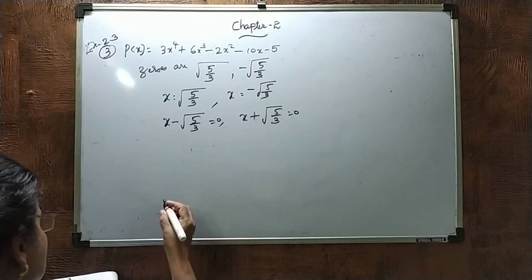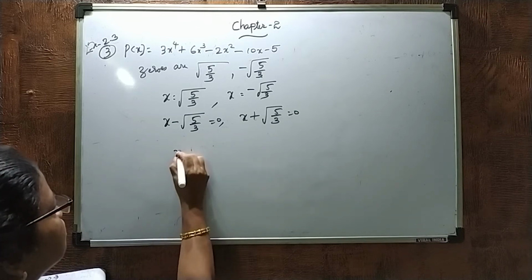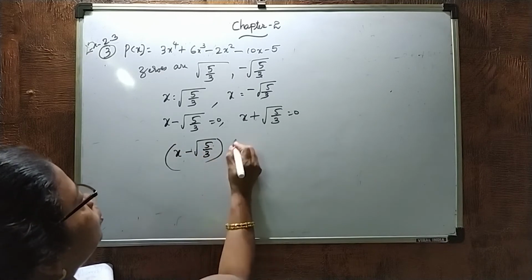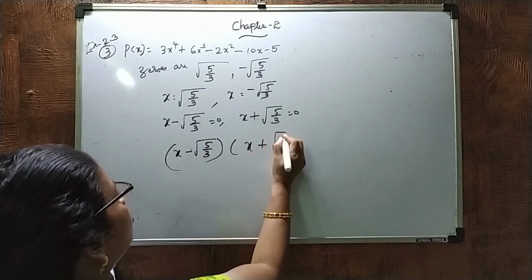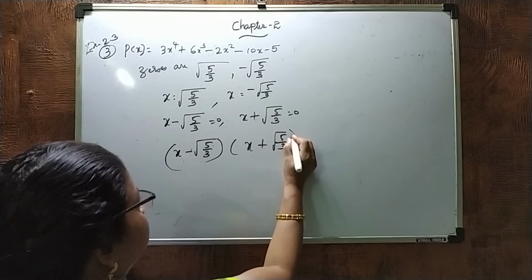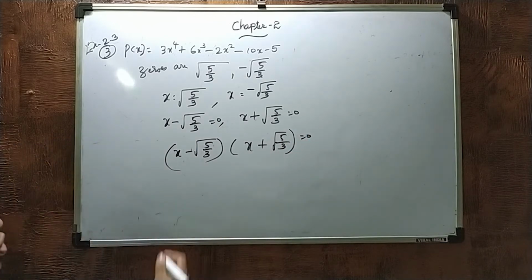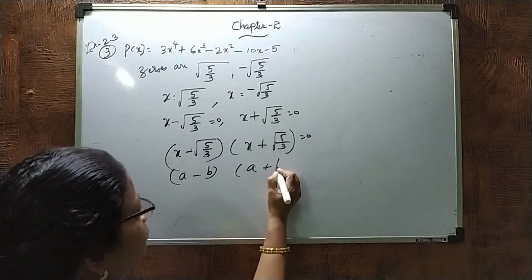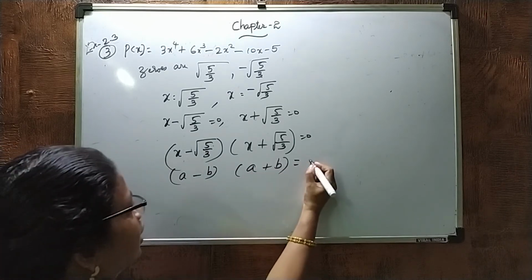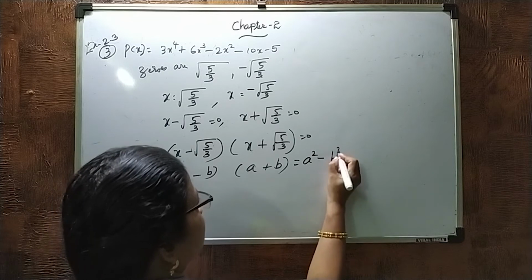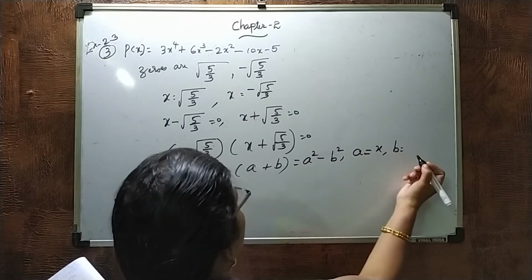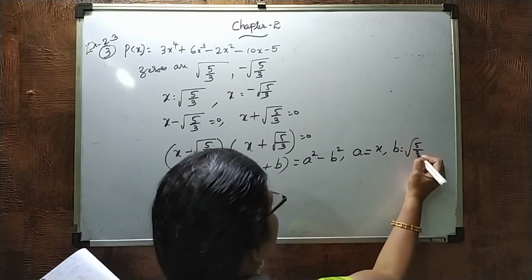Okay, now next one what you have to do is x minus root 5 by 3 into x plus root 5 by 3 equal to 0. So here it is a minus b into a plus b. You will get the answer a square minus b square, where a is equal to x and b is equal to root 5 by 3.